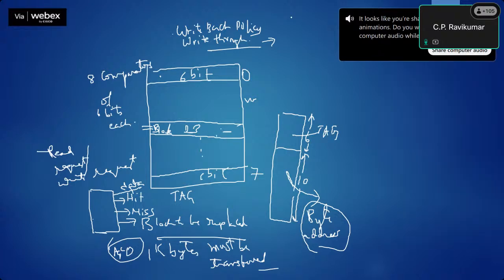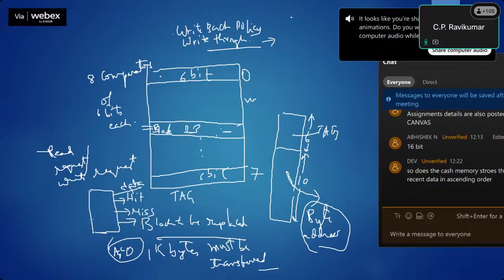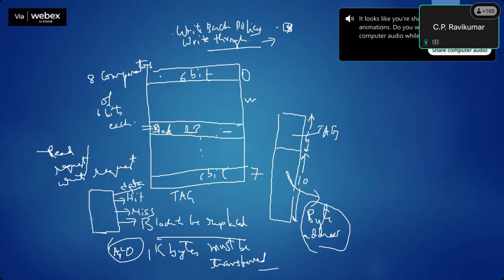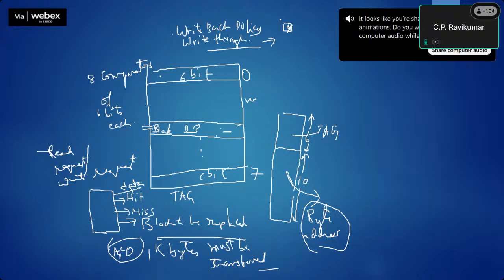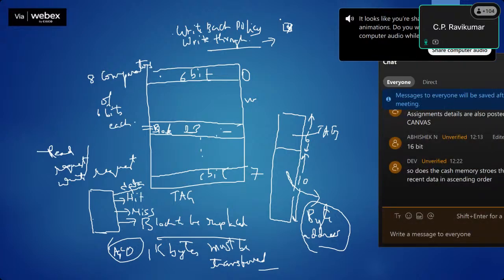But if you are using write back, then you have to mark that particular block and say that this has become updated. There is a 1 bit that we can store saying this block has to be written back. When that cache block gets replaced by another one, at that time we can write to the memory.